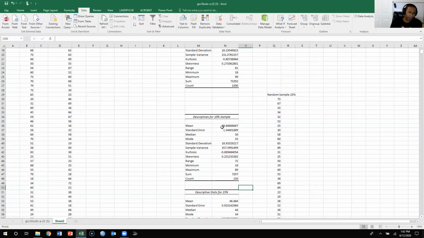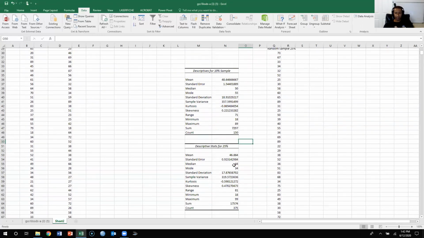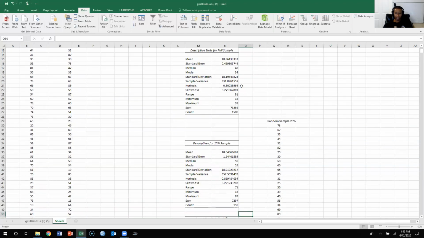And I know that might be counterintuitive. You might say, well, if the N is higher, shouldn't the mean be closer? Technically, that's typically the way it works, but it doesn't always work like that because sample means always fluctuate around the population parameters. Sometimes they're a little bit higher, sometimes they're a little bit lower, sometimes they're closer, sometimes they're far away. So it doesn't completely work like this, and this was a random sample. Okay. If you look at the standard deviation, it's actually pretty close to the full sample.